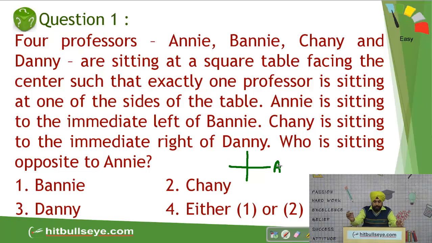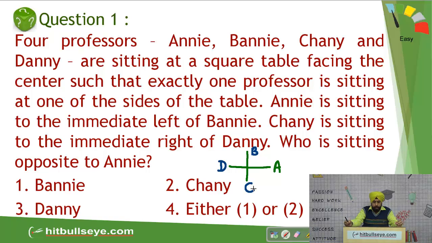Now A is sitting to the immediate left of B. So that tells us B has to be at this position, because all will be facing towards the center. So now C is sitting to the immediate right of D. There are 2 places left and 2 persons left, C and D. Given is C is to the immediate right of D. That means D has to be here and C has to be here.